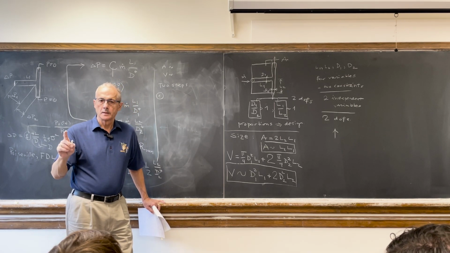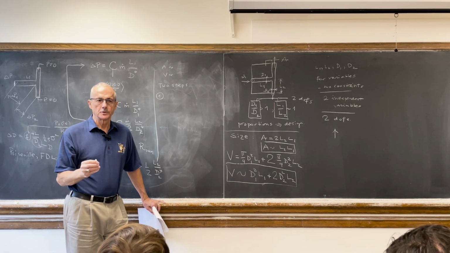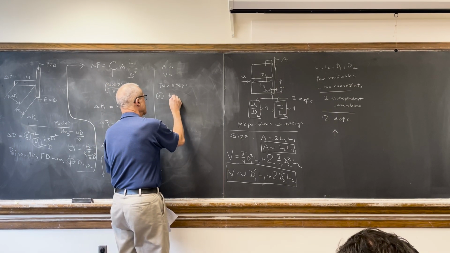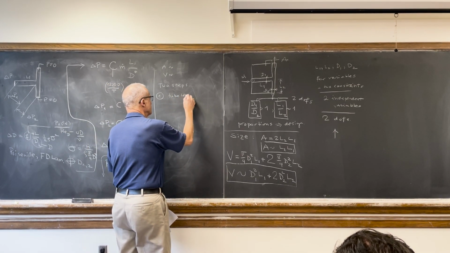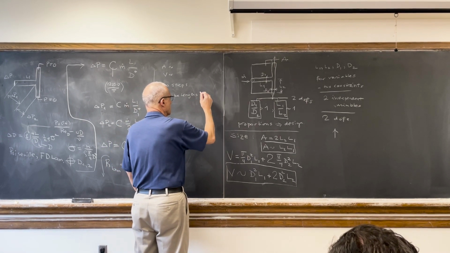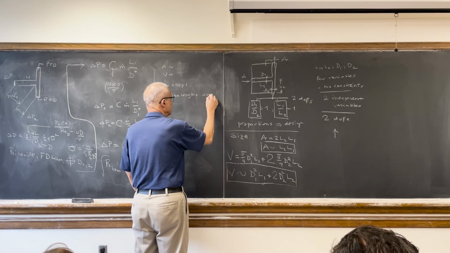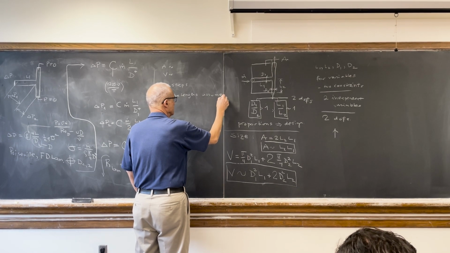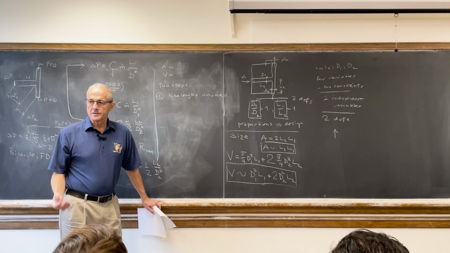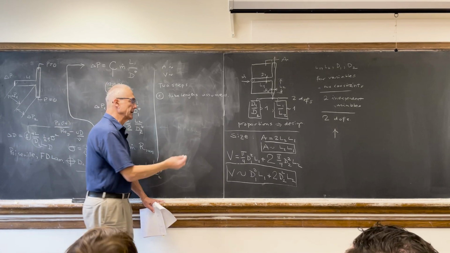Assume or act as if you know the tube lengths. Tube lengths given or assumed. And what varies is this pair, D1 and D2.